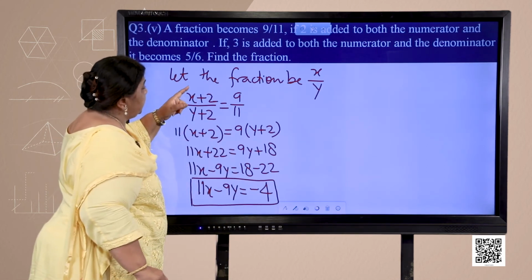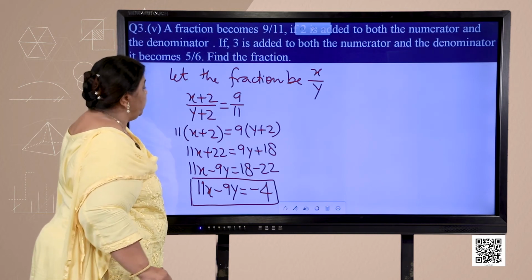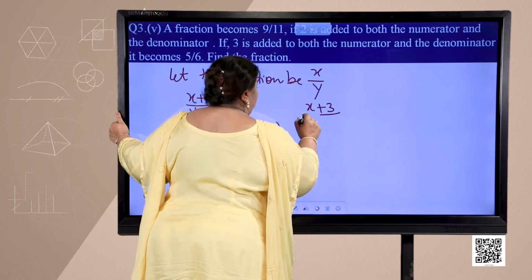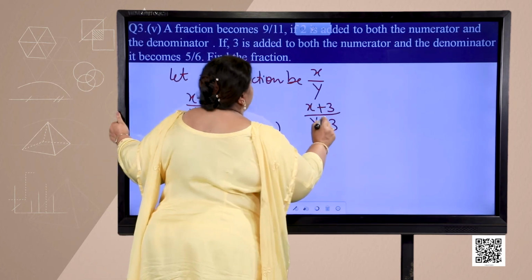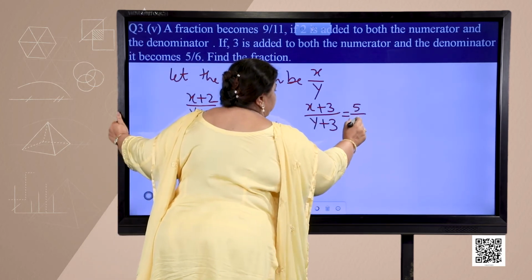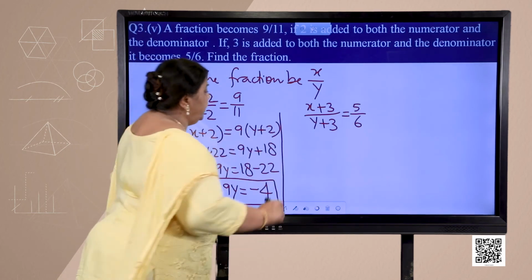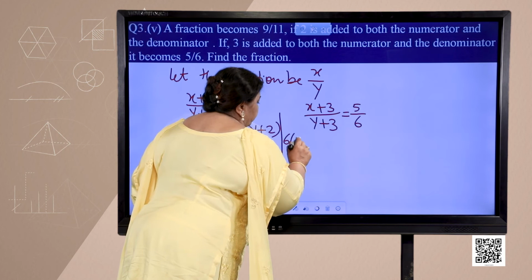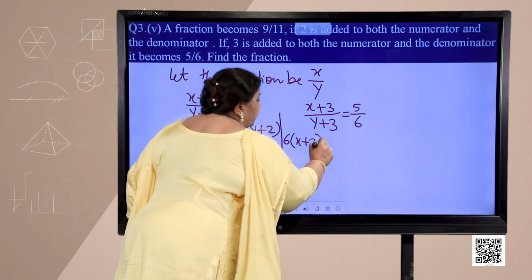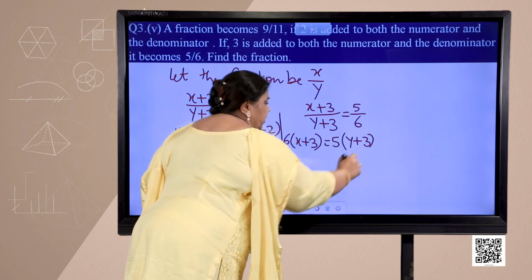Now, next situation is if 3 is added to both numerator and denominator, that means x plus 3 upon y plus 3. The fraction becomes 5 upon 6. Now, on cross multiplying, 6 into x plus 3 is equal to 5 into y plus 3.